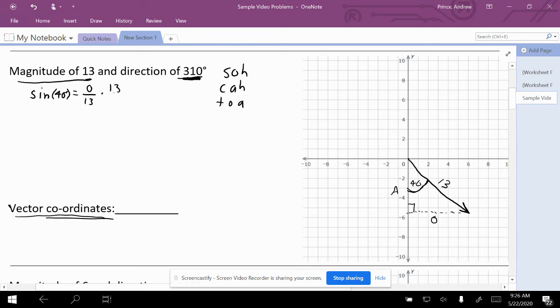So multiply both sides by 13. And now I have 13 sine 40 equals my opposite. So that's going to be what I can punch in right from there to find my opposite side of my triangle.